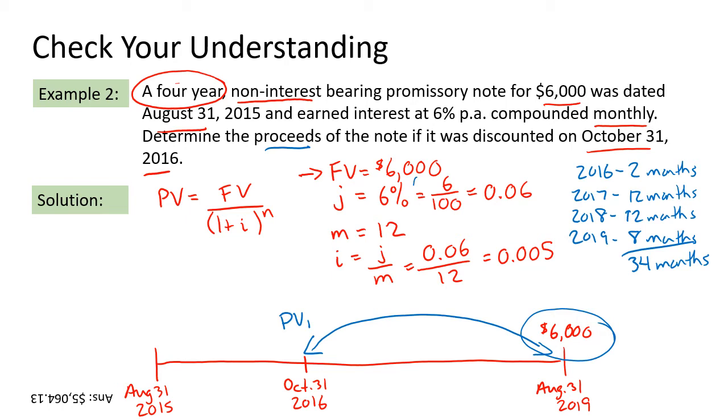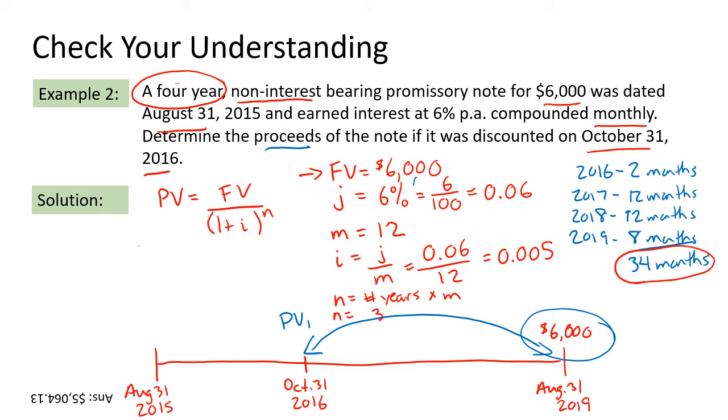So that's the amount of time to consider when you're doing your present value calculation. So when we look back and we're trying to calculate n, n is equal to the number of years multiplied by m, the number of compounding periods. So you can either use this value of 34 months, and that's only because it's compounded monthly, or you can calculate it like this. So n would be equal to a number of years.